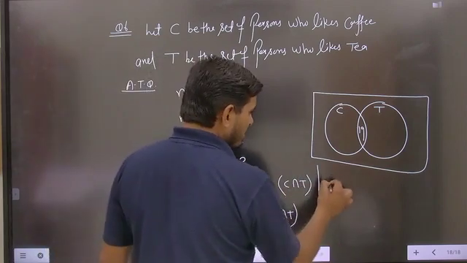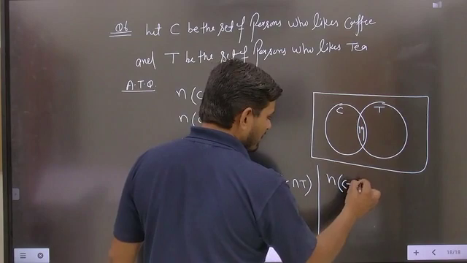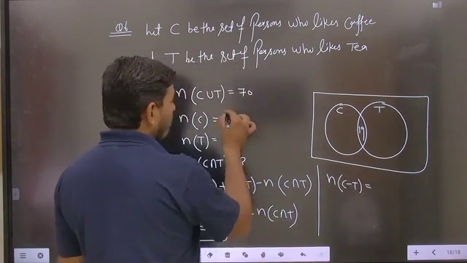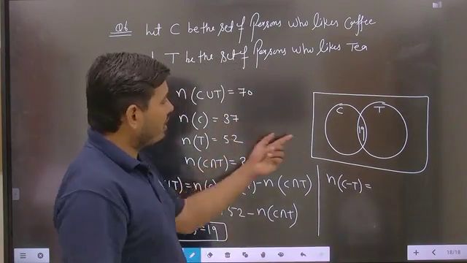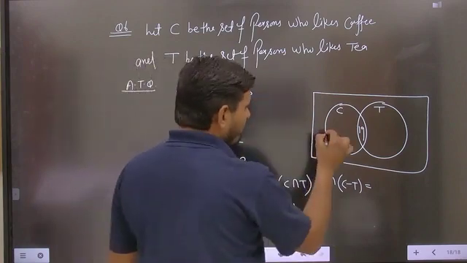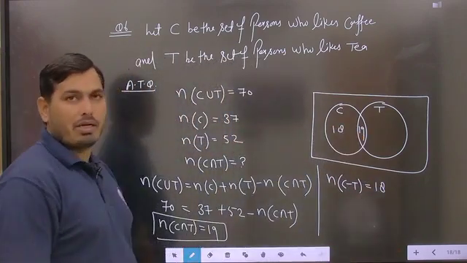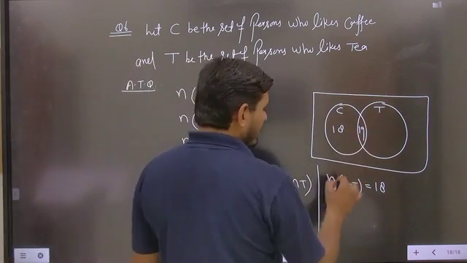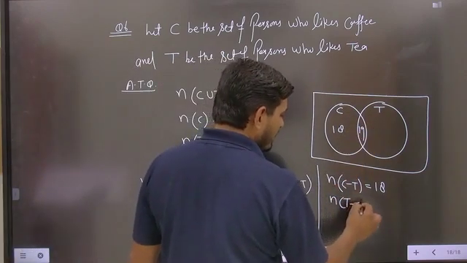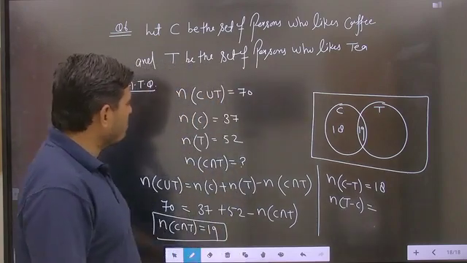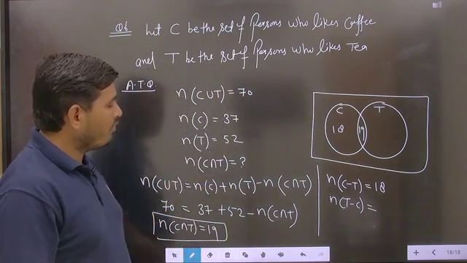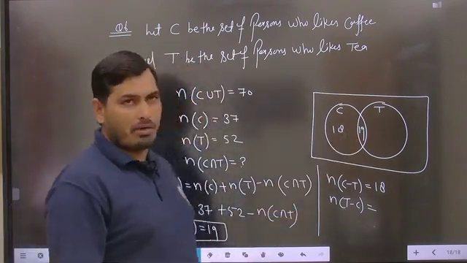So you can write the answer for n of C minus T, only coffee. The total is 37, so 18 persons like only coffee. Is it clear? Next, only tea. This will be represented as T minus C. The total number of persons who like tea is 52, and here 19 will be common.